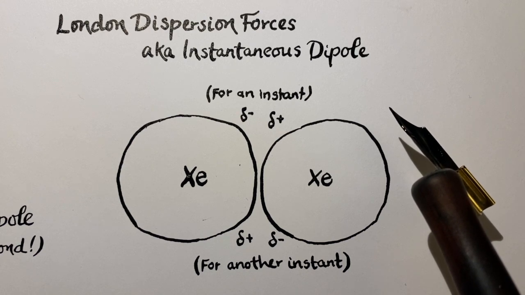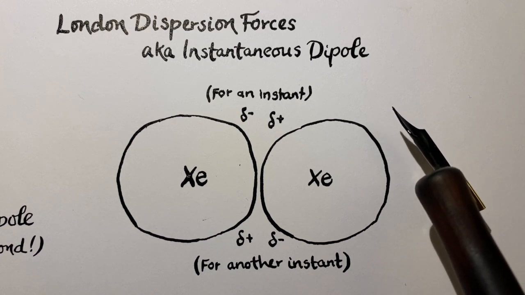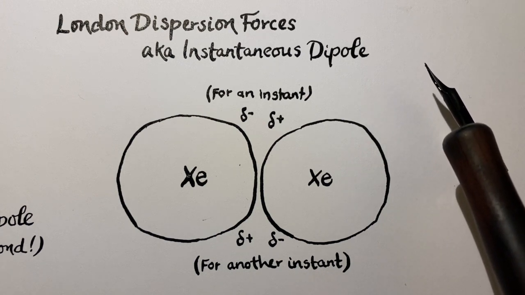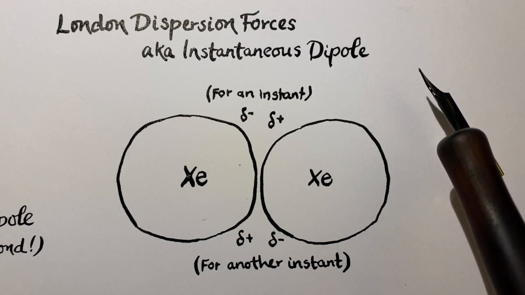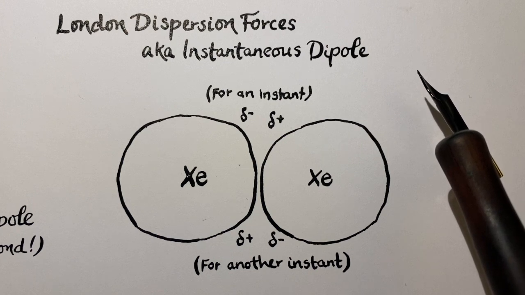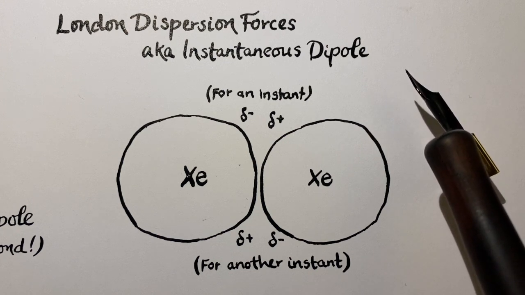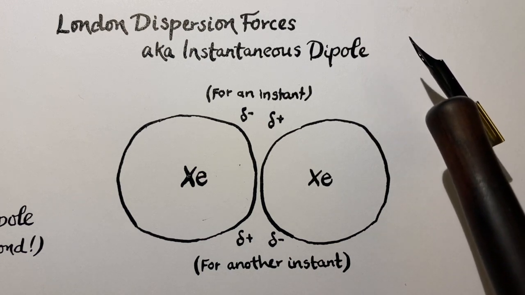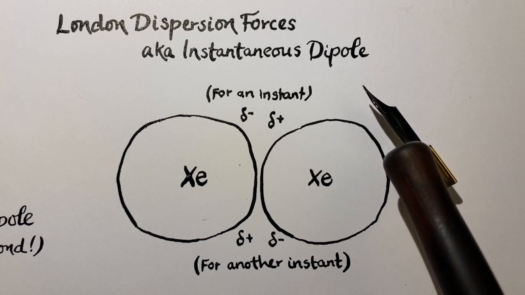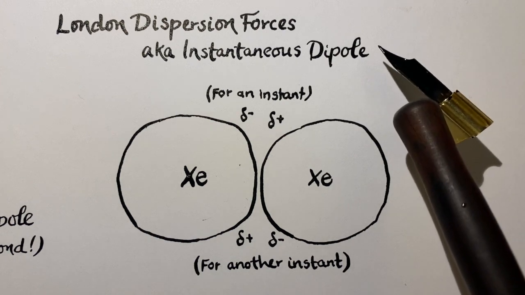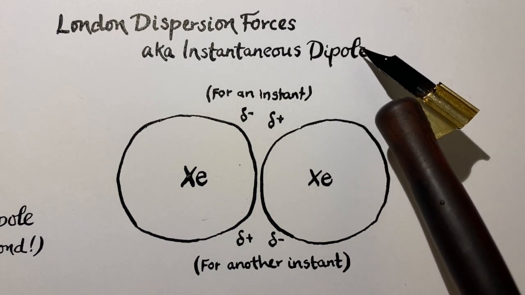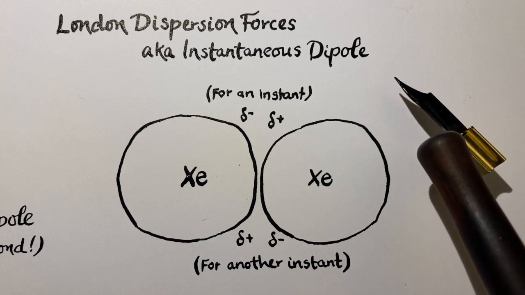So if you look at something like asphalt on the roads, those are long chain hydrocarbons, and the intermolecular forces between the different long chain hydrocarbons, many are these instantaneous dipole interactions.